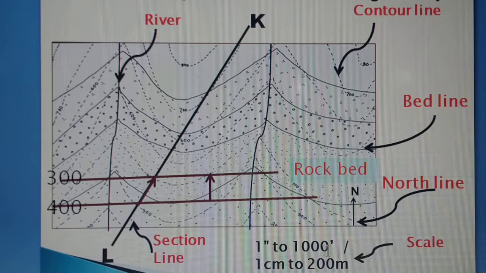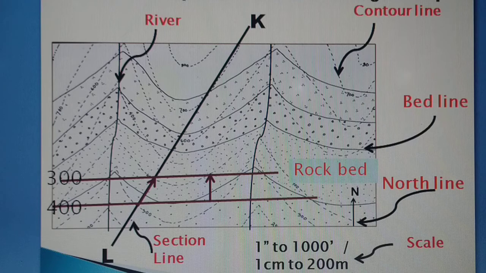Another important thing is the scale. Below the map a scale will be given. Here you can see it is written like 1 inch to 1000 feet or 1 cm to 200 meter. Sometimes the given scale is like 1 inch to 1000 feet, and sometimes it may be 1 cm to 200 feet, but this is not fixed, it may vary from map to map.